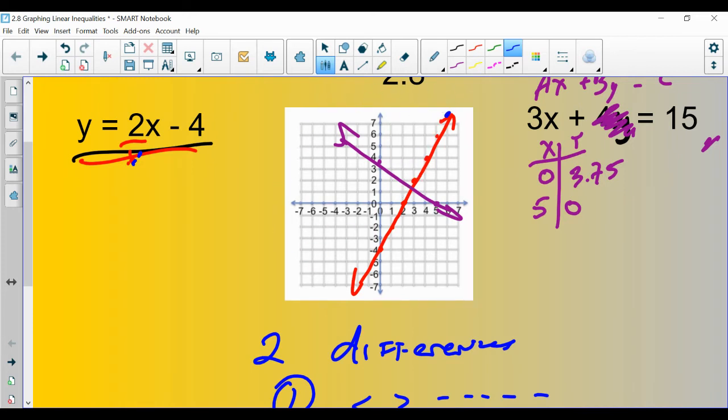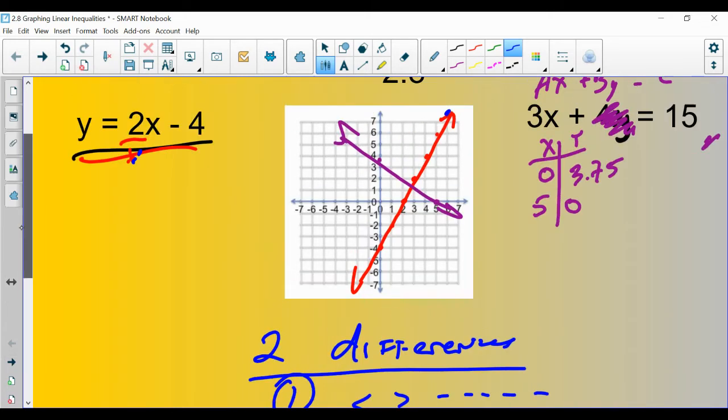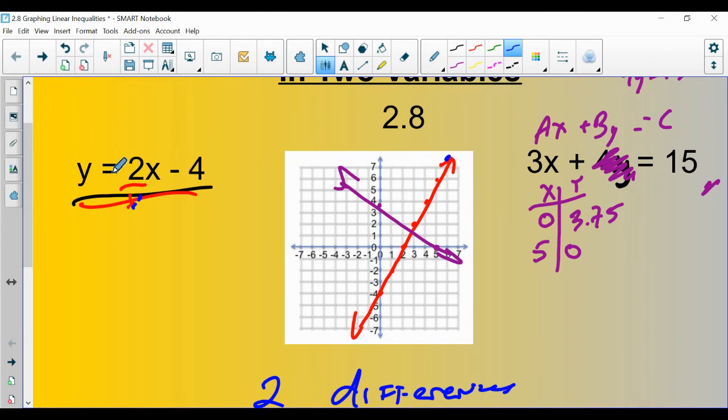And so what we do is we shade where those solutions exist, as if to indicate, hey, these are our solutions. Any point in this region would satisfy the inequality. So those are the two differences. You graph them just like you did here. You essentially pretend they are equal signs, and then you decide if your line should be solid or dotted, and then you shade the appropriate region.